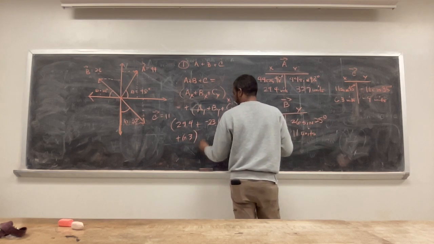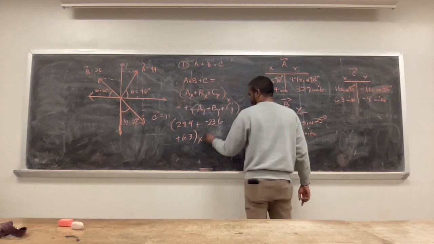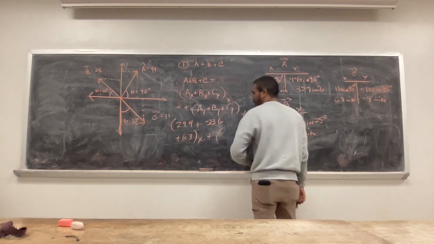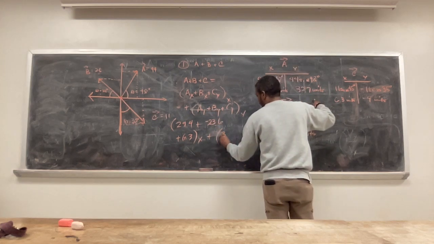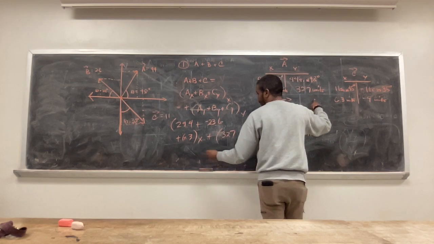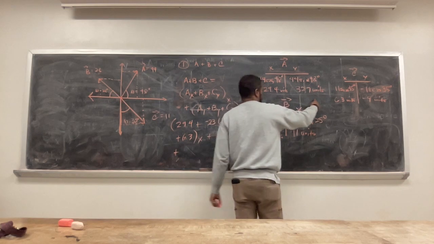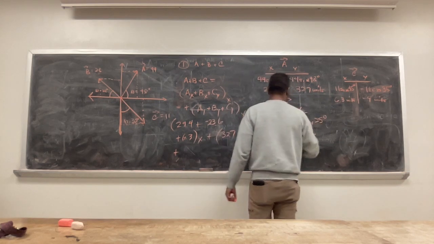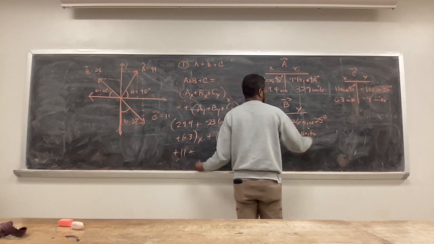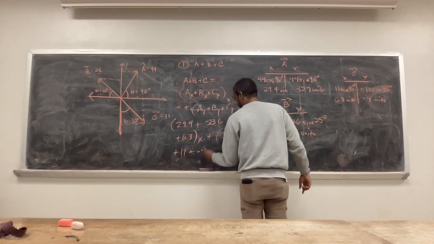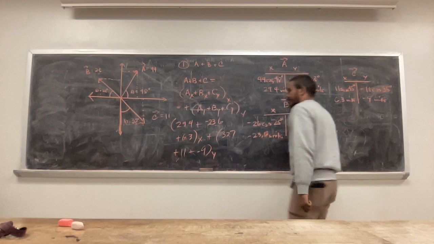That's my X component. Plus AY, 32.7, plus 11, plus negative 9. That's my Y component.